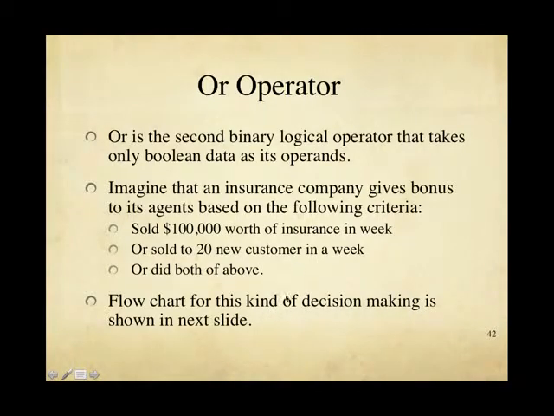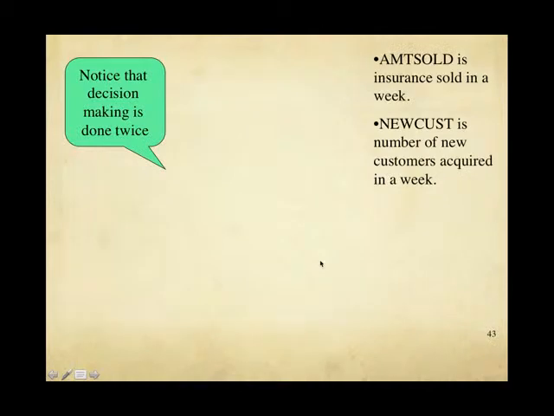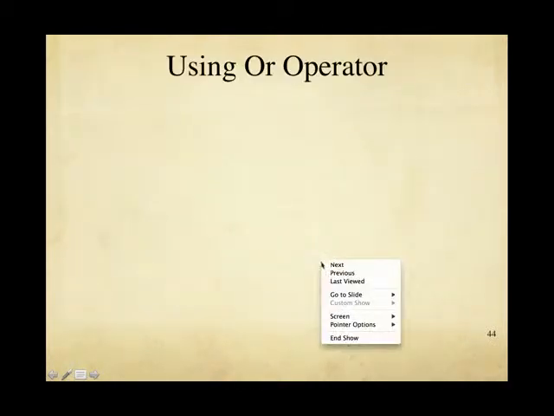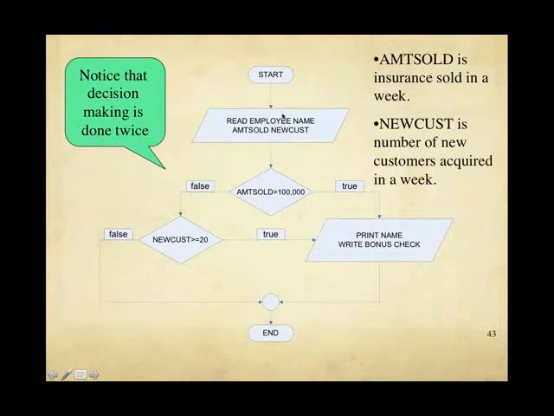The flow chart of this kind of decision making is shown in this slide. Start, read employee name, amount sold, and number of new customers. If amount sold is greater than 100,000, if that is true, print name and write a bonus check.